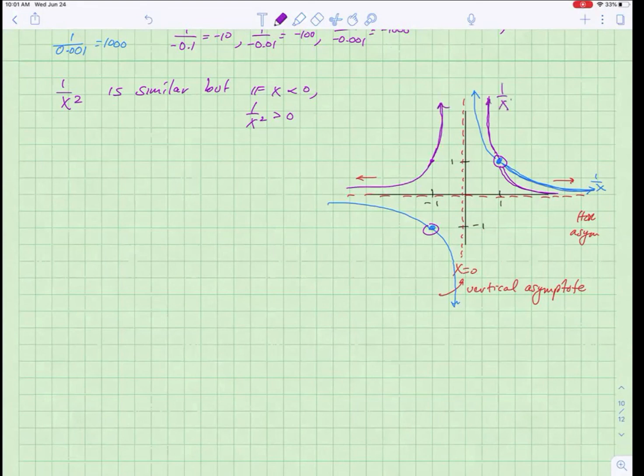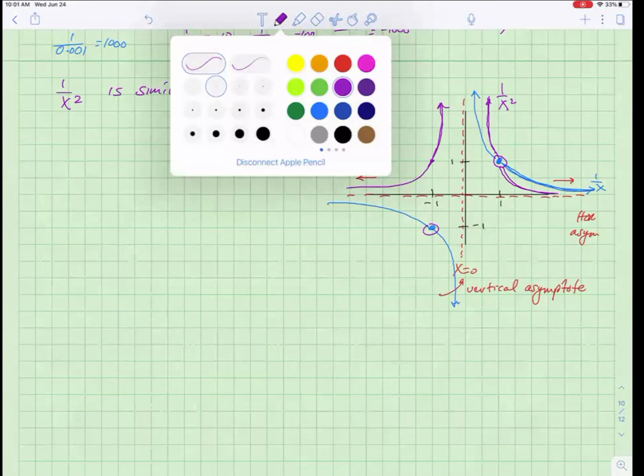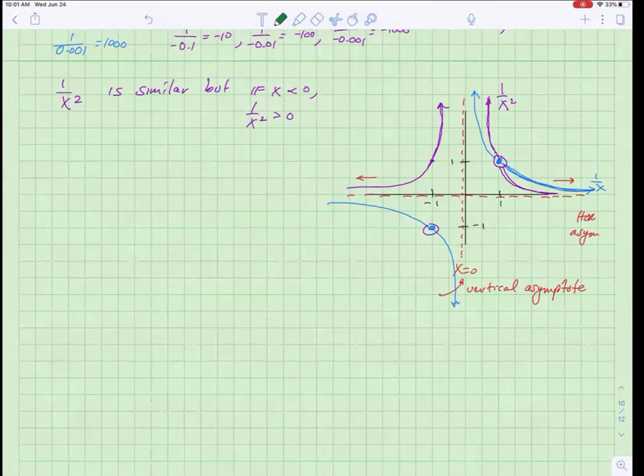So that's 1 over x squared. And as the power goes up, this isn't too terribly important, but it becomes more pronounced. This corner becomes steeper. And of course, if it's odd, it can be negative. And the curvature gets a little bit crazier and crazier.